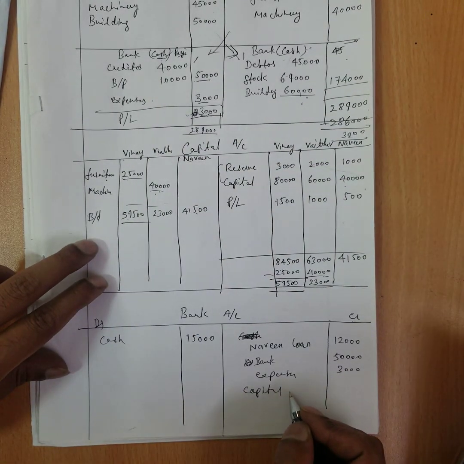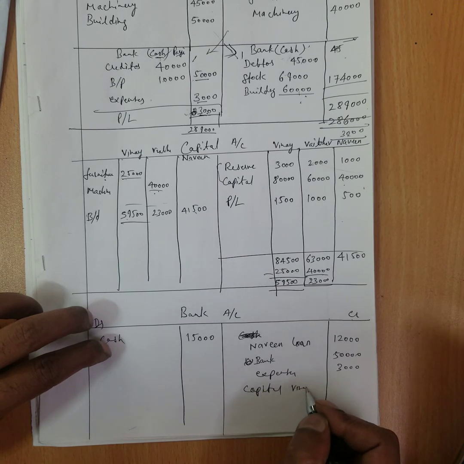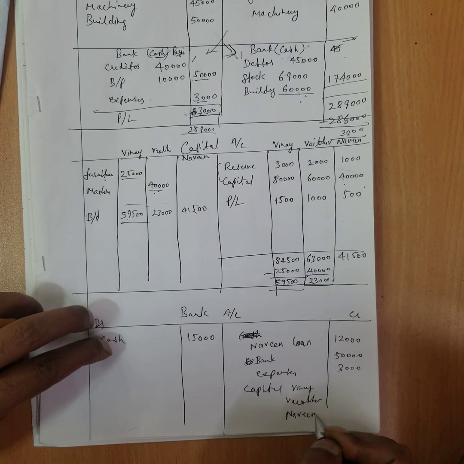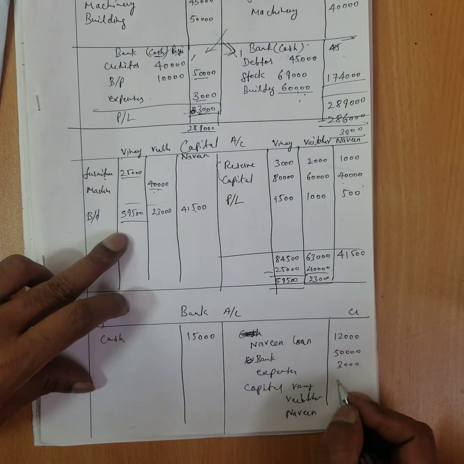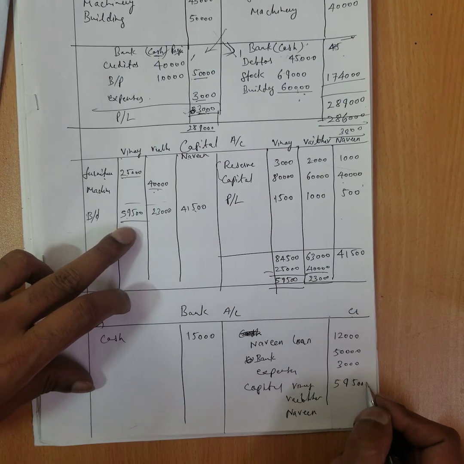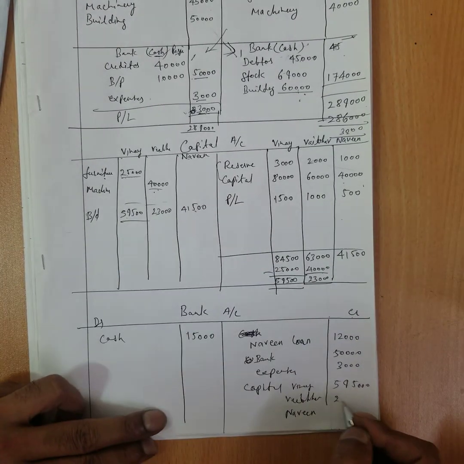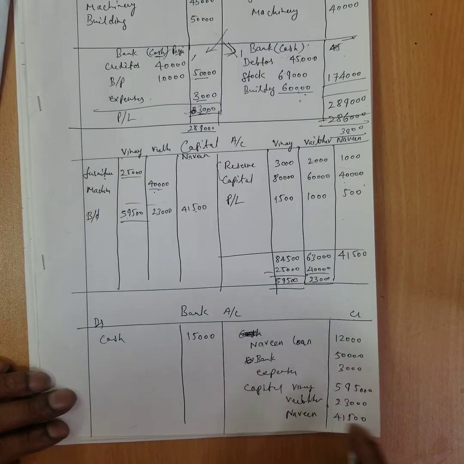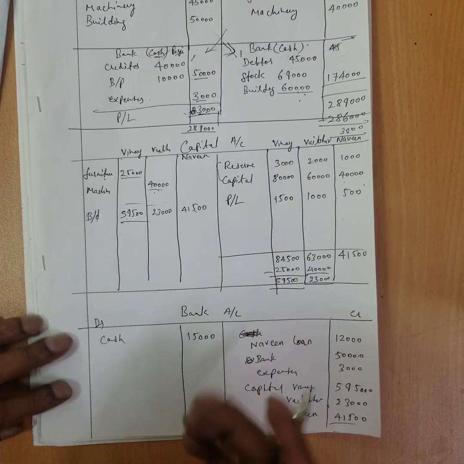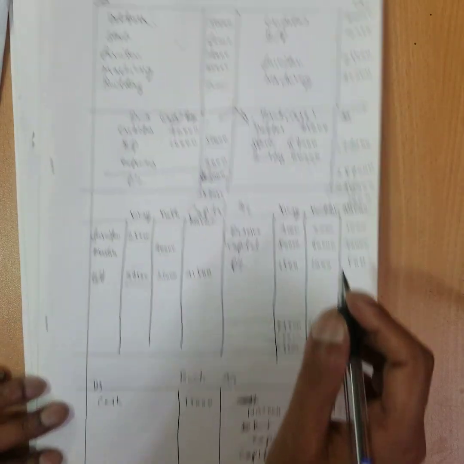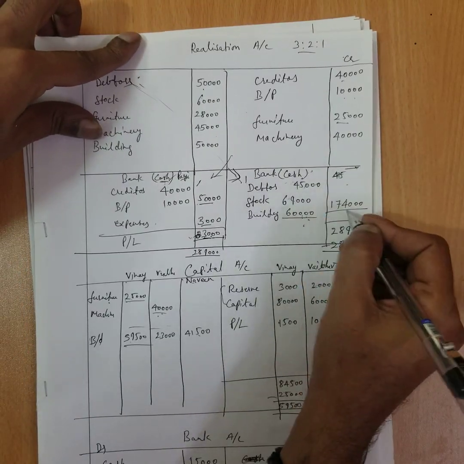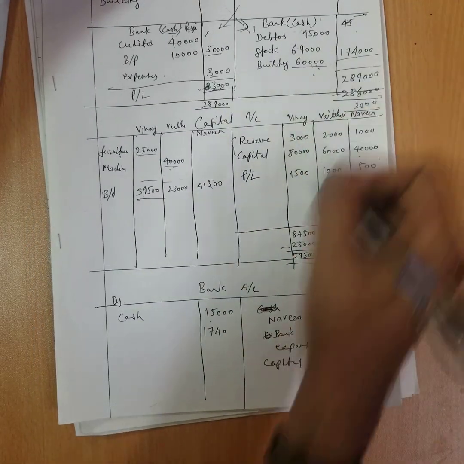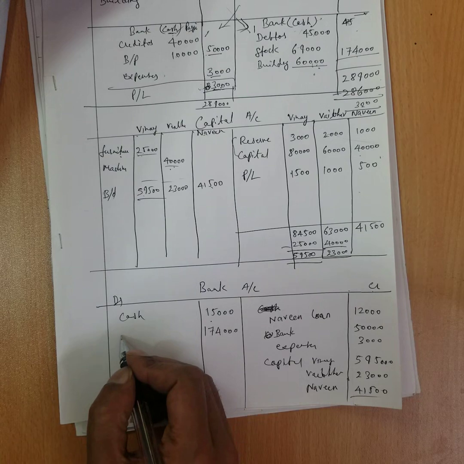Capital account. This is the capital of Vinay, Vaibhav, and Naveen. So what is their capital? 84,500. Add 25,000. So this amount we have to give. This side and this side have to be balanced. The cash we are getting has already come from the balance sheet. 1,74,000 is the cash which comes here, the same cash which comes into the bank account.